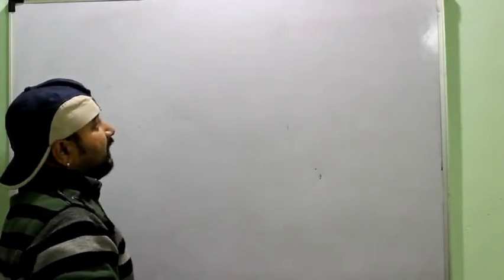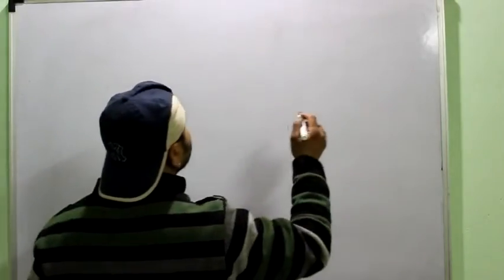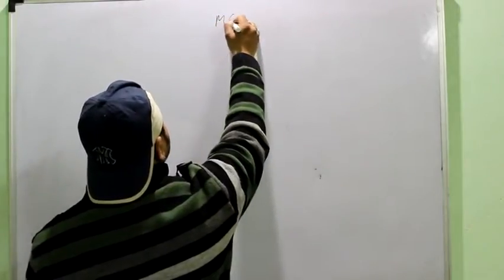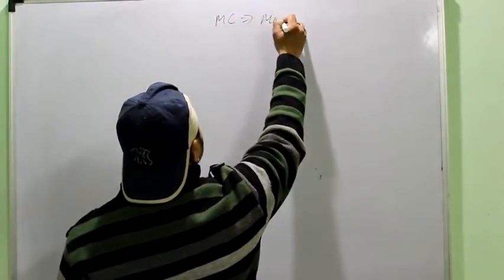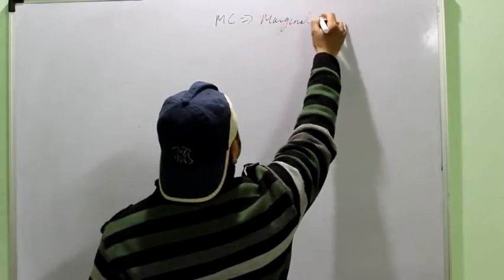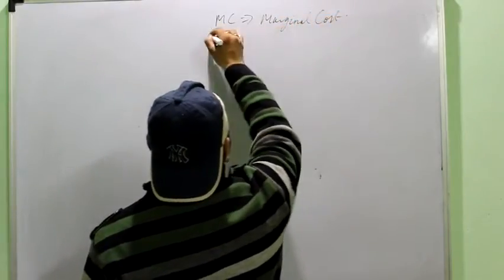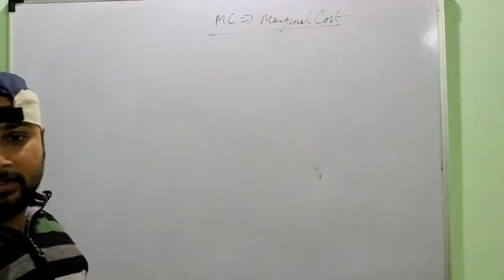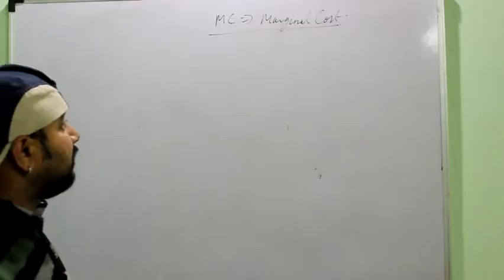Okay, now we have to study about the marginal cost. As we have already done, marginal always means the change in one variable when you change the other variable by 1 unit.